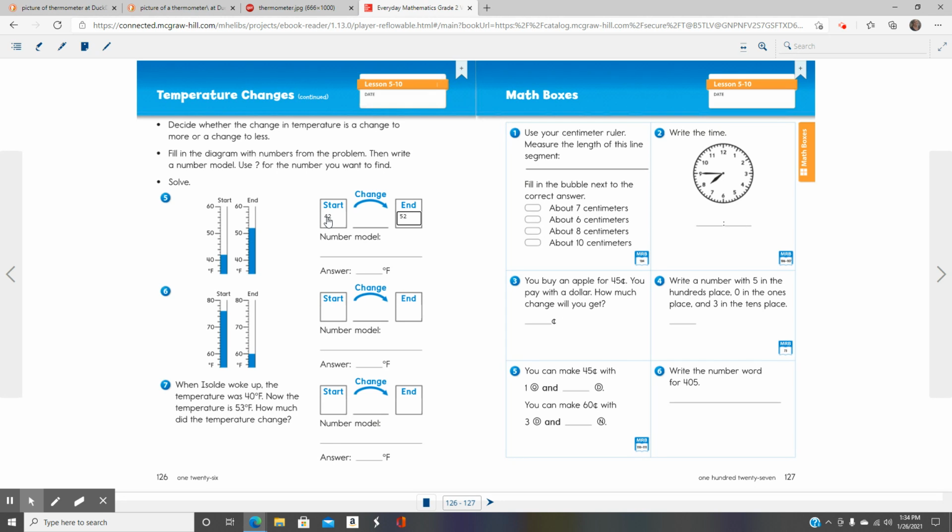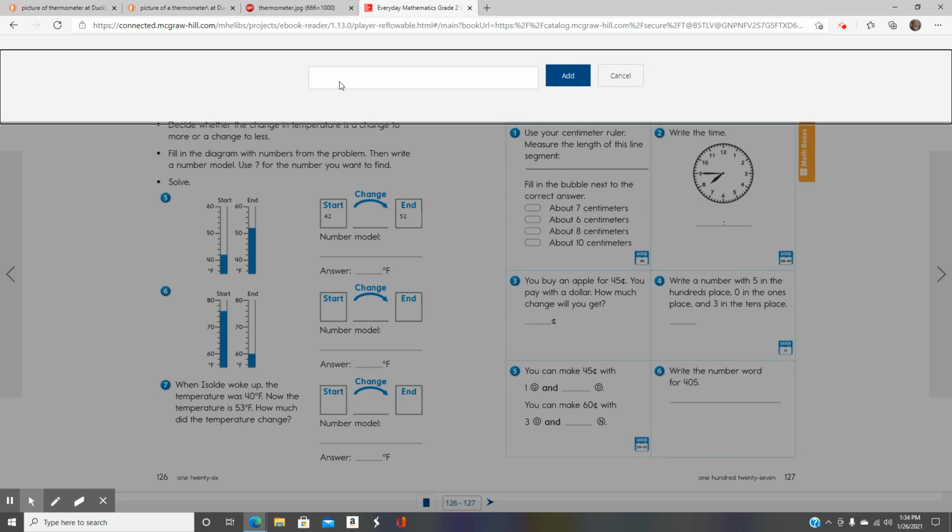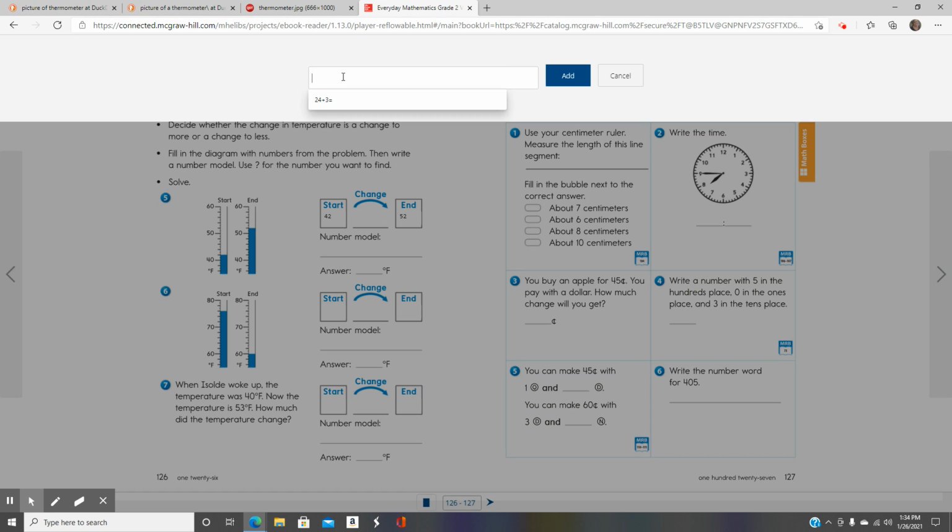We're going to count from 42 to 52. So let's count by twos to figure out how many degrees it rose. 2, 4, 6, 8, 10. It rose 10 degrees, didn't it? So we're going to indicate that by putting a plus 10.